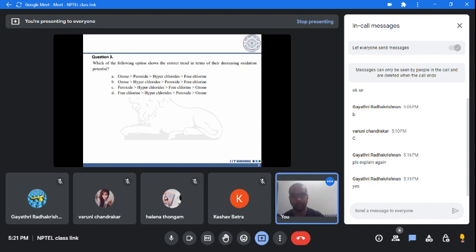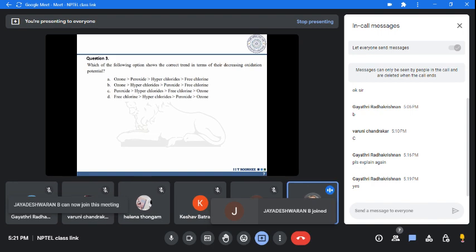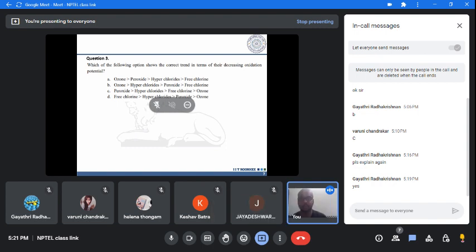Moving to the next question: which of the following options shows the correct trend in terms of decreasing oxidation potential? You have been given four options, and you need to arrange them in decreasing oxidation potential. Option A is ozone, then peroxide, then hypochlorite, then free chlorine.